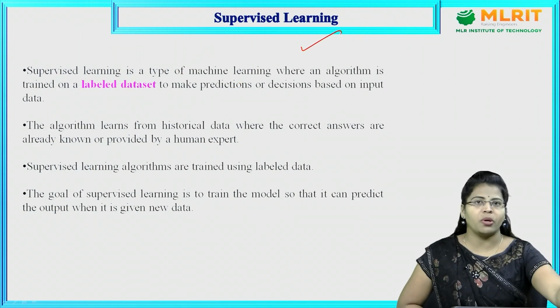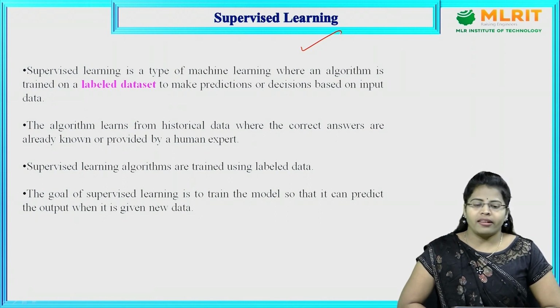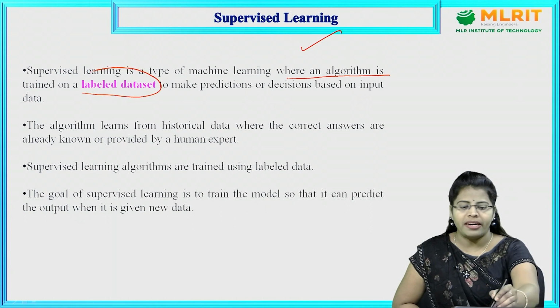Coming to supervised learning, what do you mean by supervised learning? I already told you in the previous session, let me discuss again. Supervised learning is a type of machine learning where an algorithm is trained on a labeled data set.